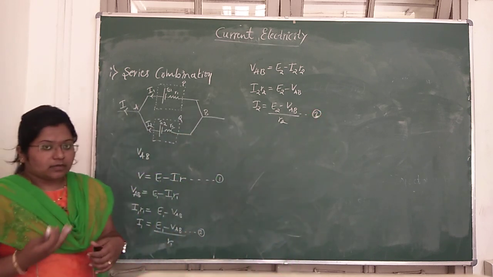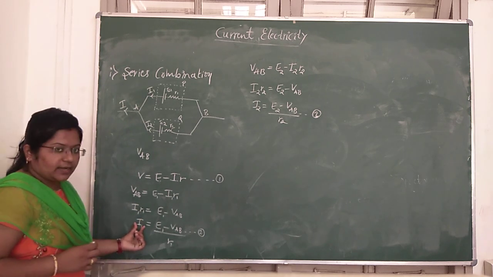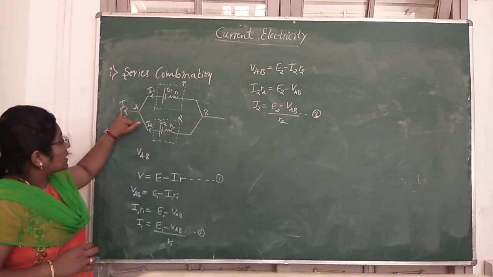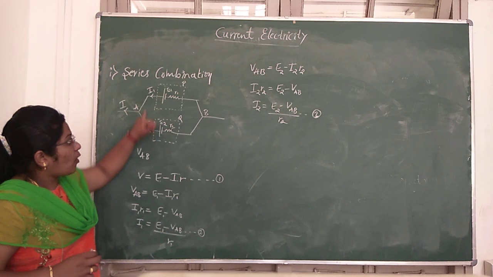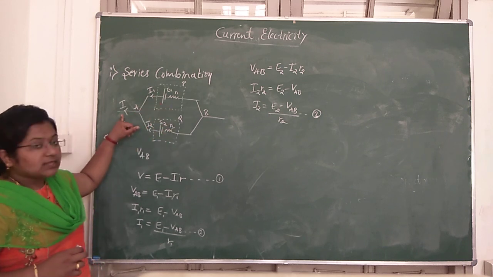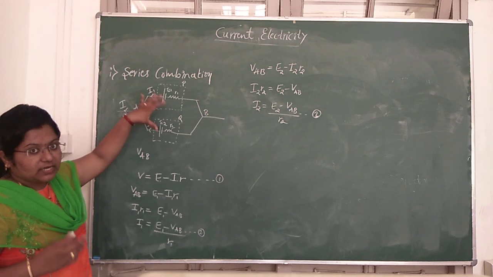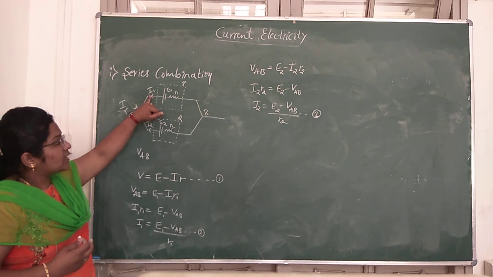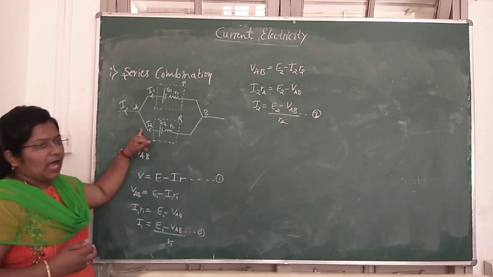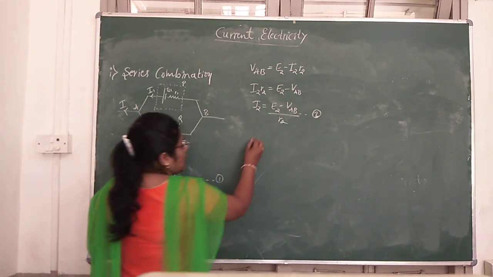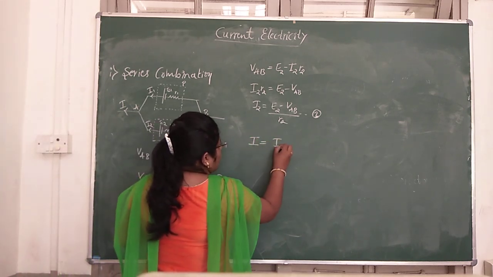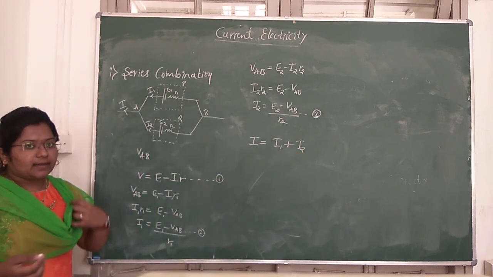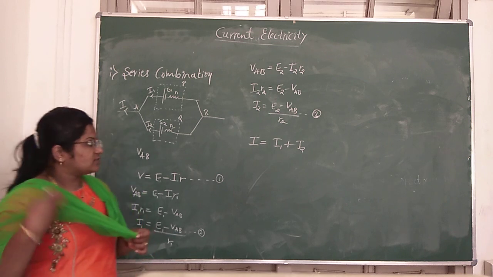I have given the expressions for the branch currents I1 and I2, and you know already that this current I is the current of the combination of these two cells, the current given by both P and Q. But individually, current given by P is I1, current given by Q is I2. So you can combine them as I is equal to I1 plus I2. Yes or no? The main current is nothing but the sum of the branch currents.